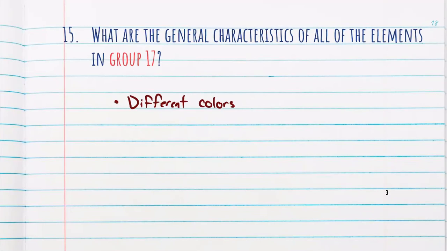So they all have different states of matter. Some are liquids, some are solids, and some are even gases. And it makes you think, if they're all different, why are they in the same group? What do they all share that's the same?